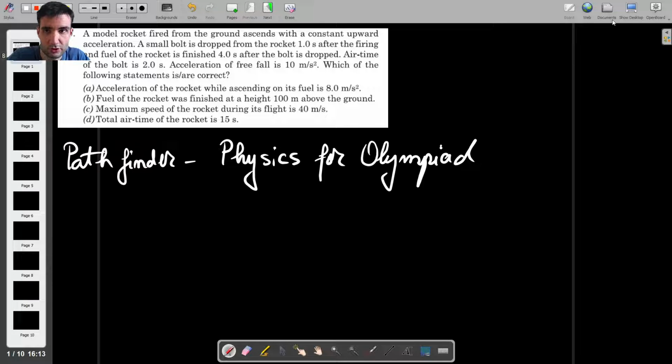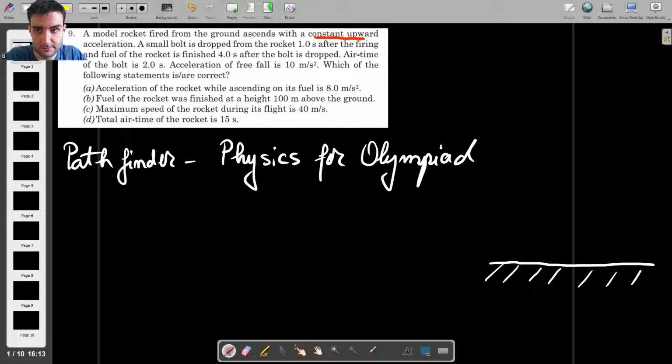We have a model rocket that is fired from the ground. So I'm going to draw the ground here like this, and the rocket ascends with a constant upward acceleration, which is unknown for now.